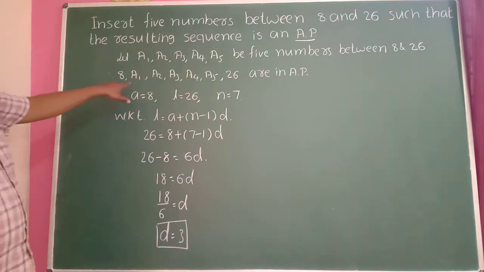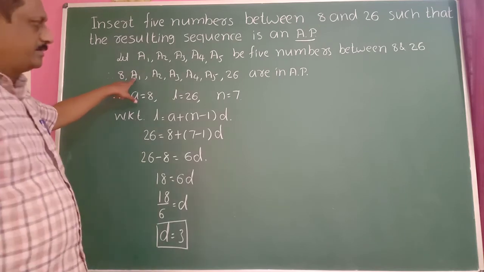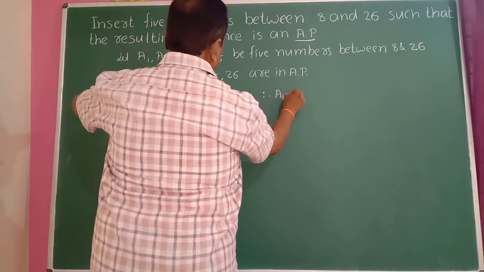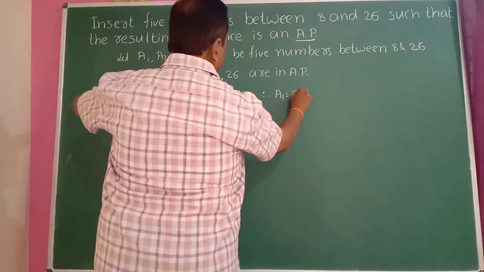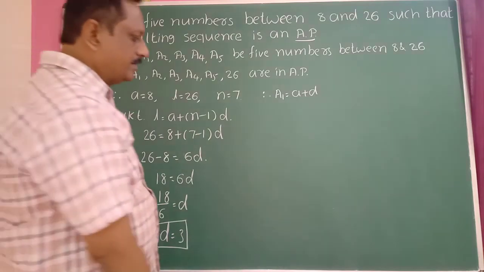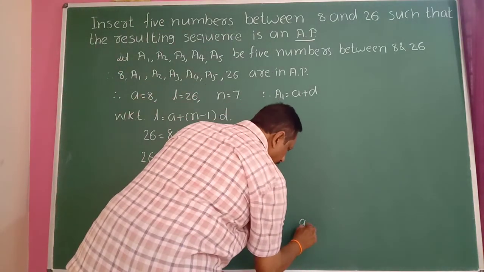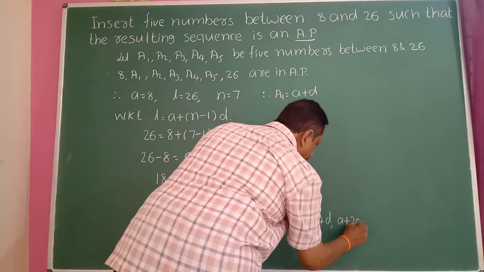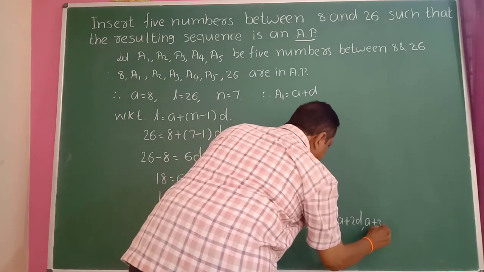So here a1 is the second term. Therefore, a1 is equal to a plus d. It is the second term because you know the general form of an AP: a, a plus d, a plus 2d, a plus 3d, and so on.